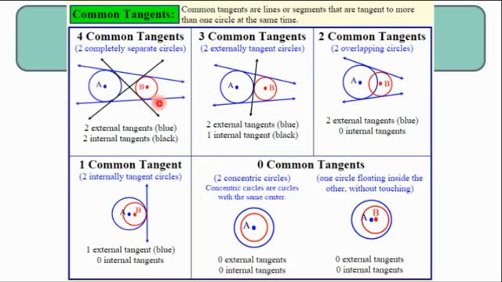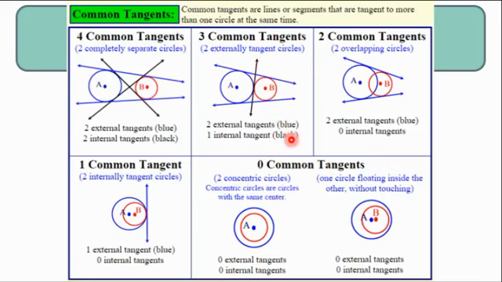And those are 2 completely separate circles. 3 common tangents, 2 externally tangent circles, meaning that they only touch at 1 point, and so this line is going to go through and it's going to run tangent to both circle A and circle B at the same time.